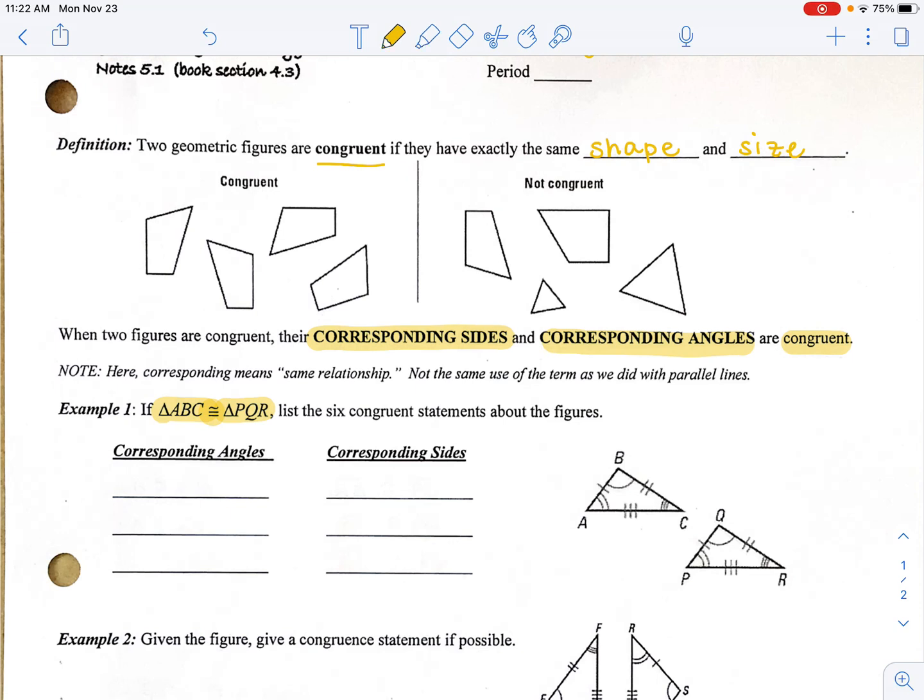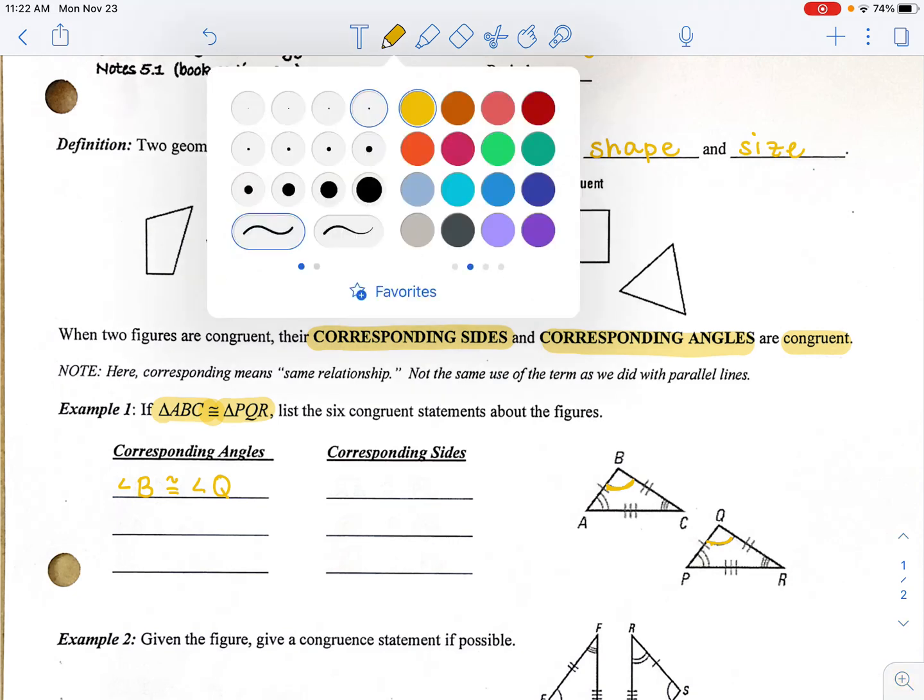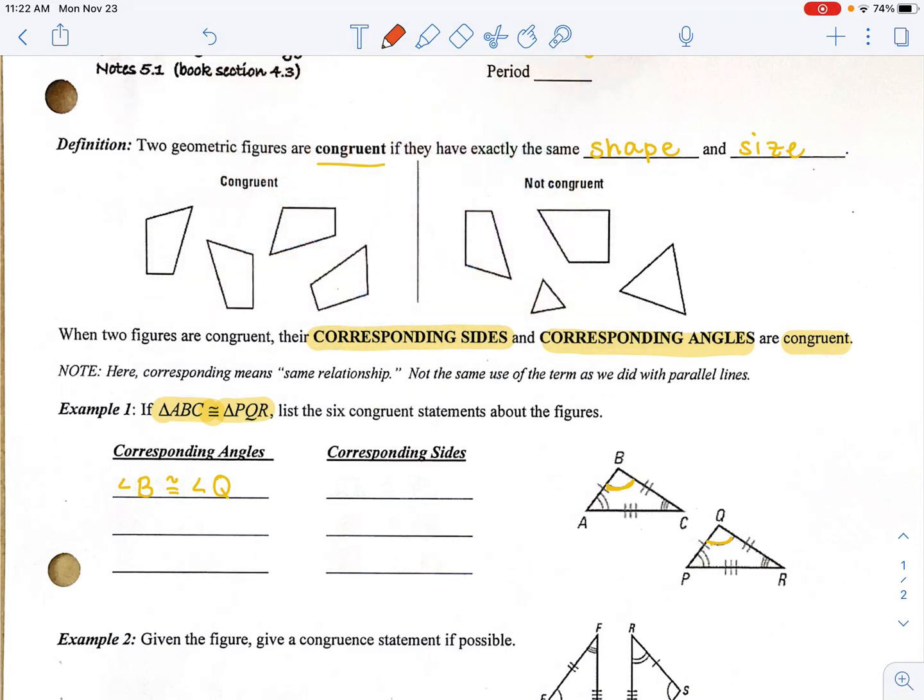To figure out the corresponding angles, you look for the angles that have the exact same markings. So if I'm going to start here, angle B has 1 swoosh mark. If I look at triangle PQR, the angle that has the exact same swoosh mark is Q. So I would say angle B is congruent to angle Q. I'm going to look for the angle that has 2 swoosh marks.